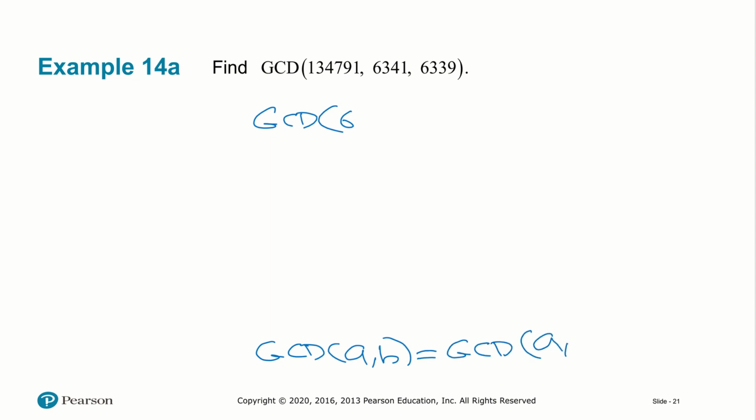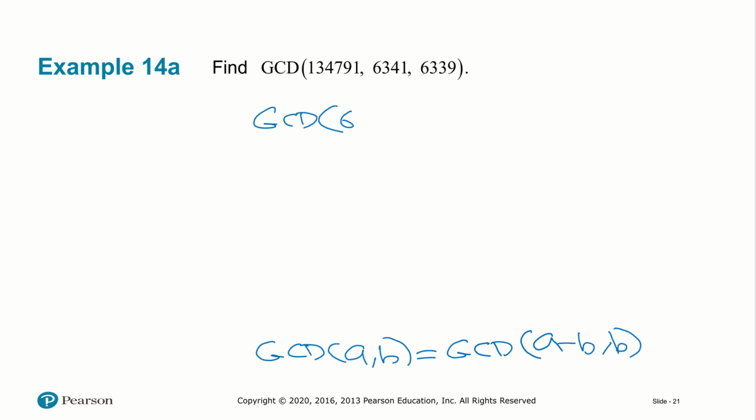Now, if you remember from the corollary, we decided that the GCD of 2 numbers, let's give you the general form, the GCD of A and B is the same as the GCD of A minus B and B. Remember? If not, back up the video and you can watch it again.